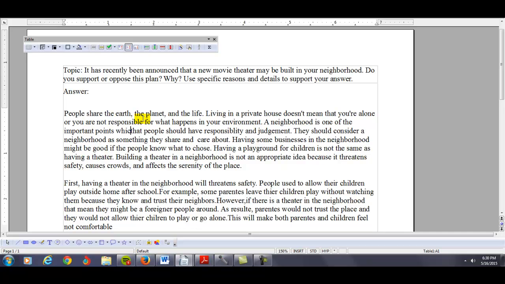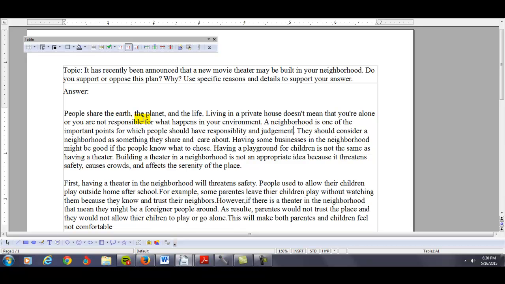I'm going to say here the word which. So I'm going to change this to this. I think we got it. So a neighborhood is one of the important points for which people should have responsibility and judgment.